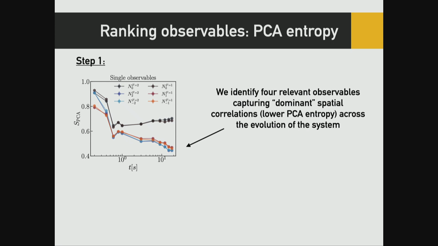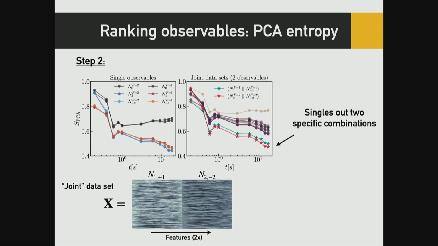So in that sense, they are more relevant because they seem to capture more of the correlations across the time-space evolution of this system. We went one step further by asking ourselves which concrete combinations of these observables could be more informative. So what we do here is literally concatenate the different data sets as schematically shown there. And we compute again the PCA entropy for all the possible combinations.